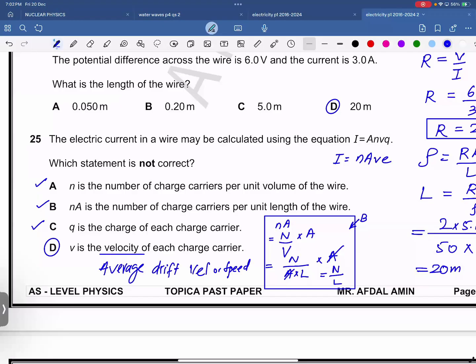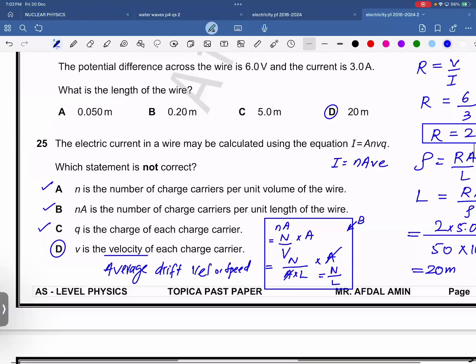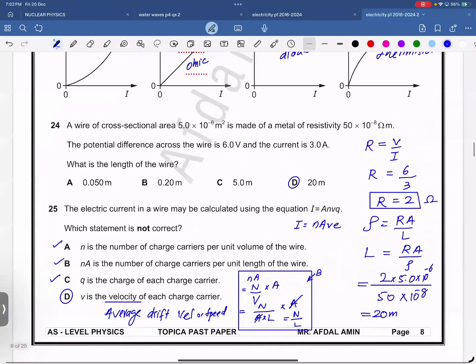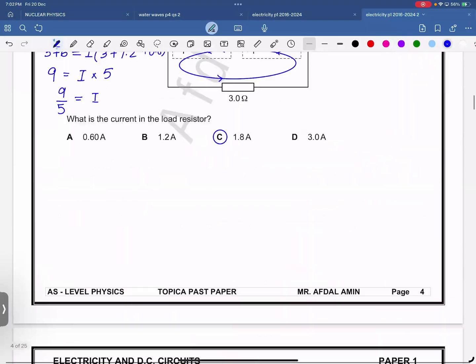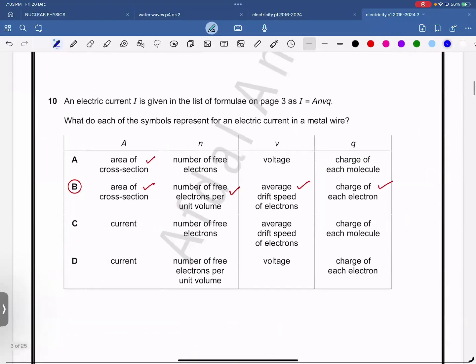Good question. It's a very good question. My dear, A, B, C are 100% correct. When did you say velocity of electrons is this? You always say drift. Oh, hold on. Let me take you back to the previous question. Where was that? Page 2? See? What did we choose? Option B? Average drift speed or average drift.